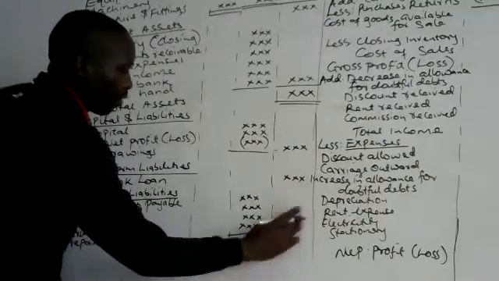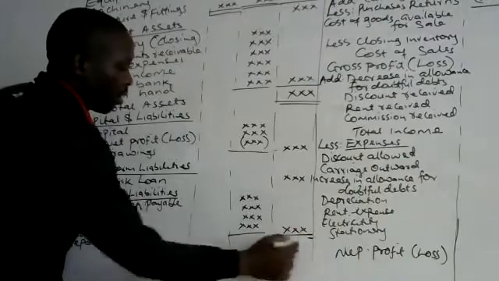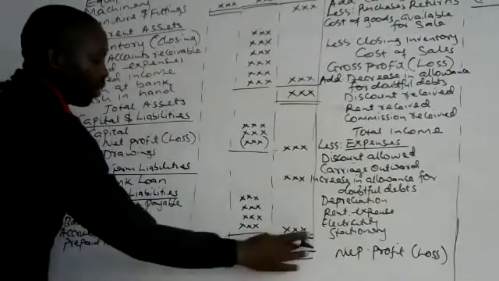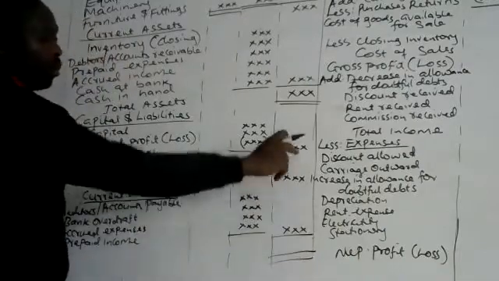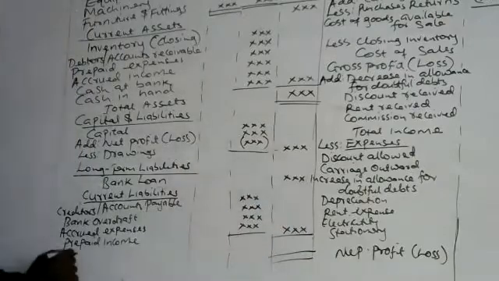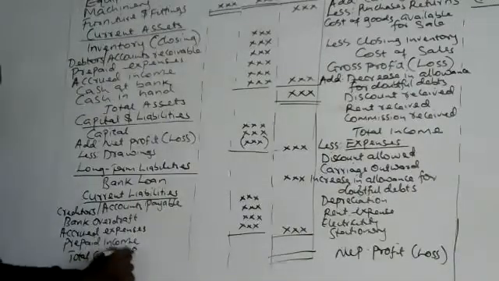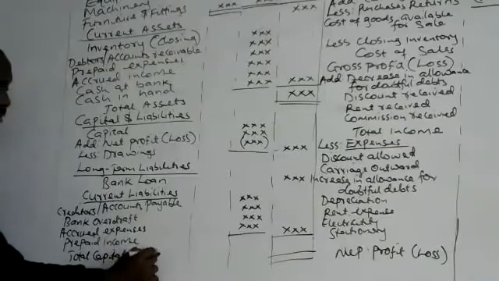Add them, transfer the total here. The figure for capital, long-term liability, and the total for current liabilities will give you total capital and liabilities.